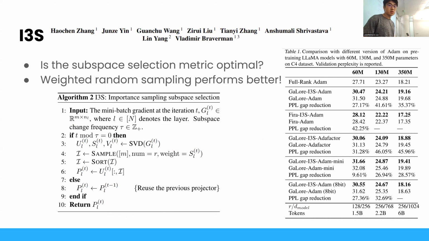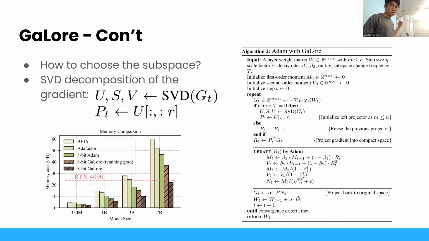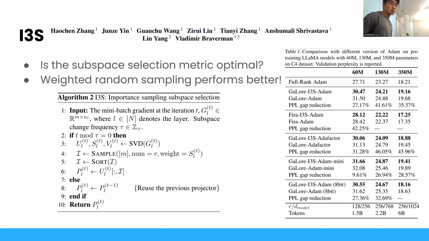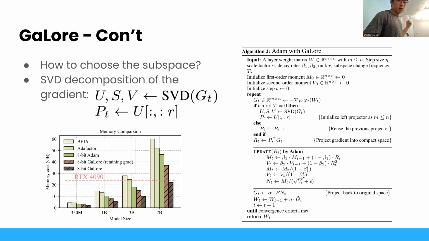But then the question becomes, is this kind of subspace sampling based off of the SVD optimal? Provably, actually, it's not. What people have found in practice is that random-based subsampling is more effective, because there is a danger that this P_T will get frozen by the gradient. Then instead of swapping between subspaces, you just stick to the same subspace and optimize down that subspace, which obviously is not optimal.